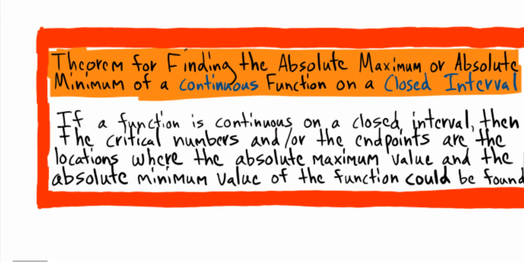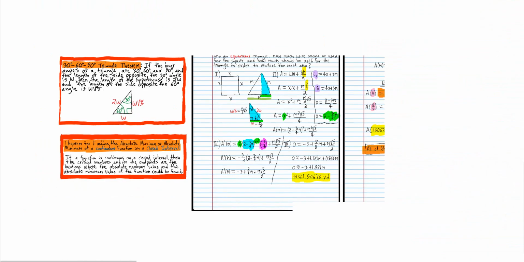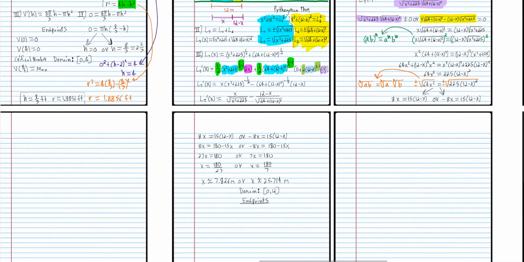So we can use our theorem that says that if a function is continuous on a closed interval, then the location of the critical number or the location of the endpoints will lead us to a maximum or minimum value in that interval. So we need to use this equation here, and this is a perfect situation where your calculator would come in handy, because having to do this manually would be very, very difficult.